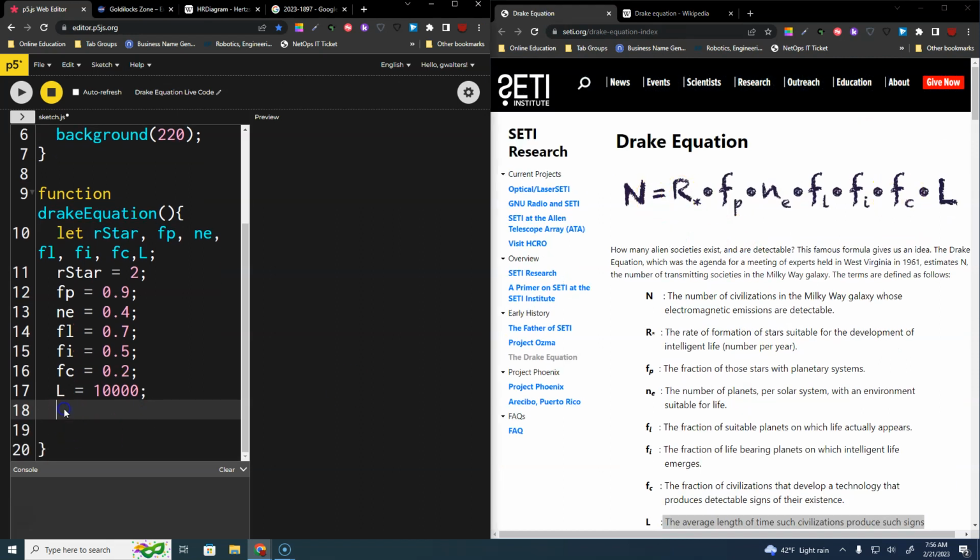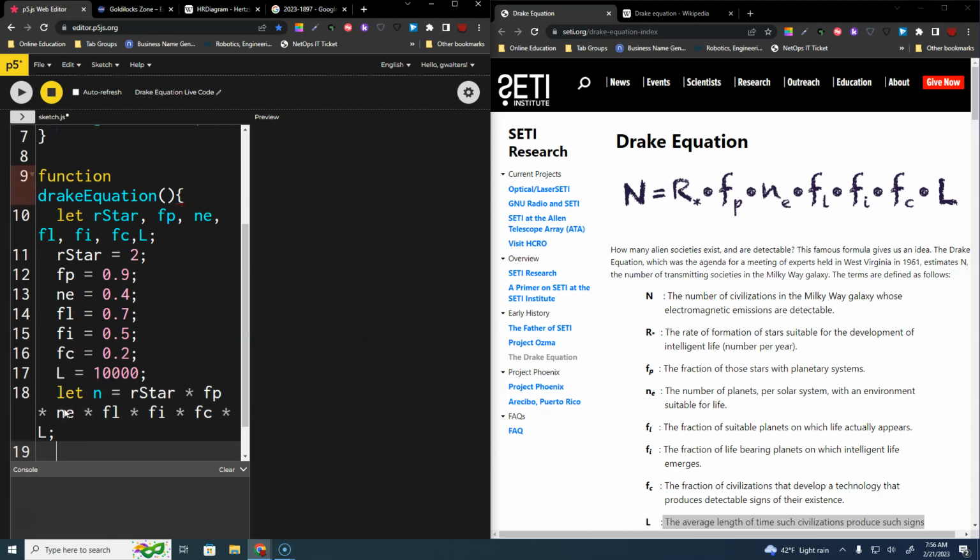So we are returning n. So on here, we say let n is equal to r star times f of p times n of e times f of l times f of i times f of c times l. To make sure I type them right.